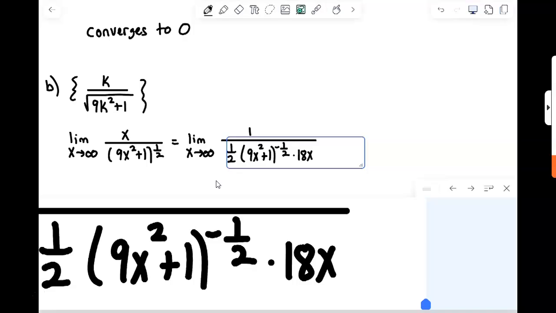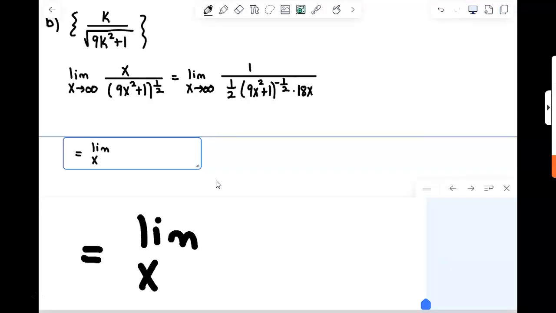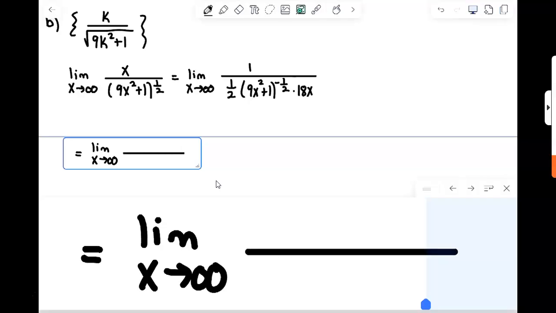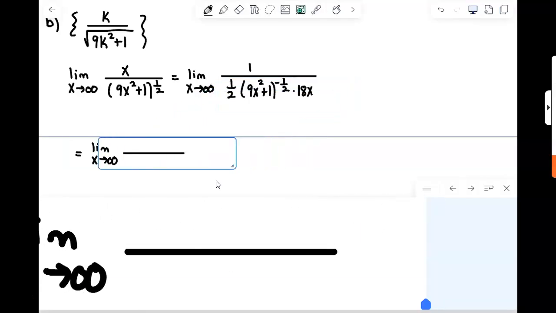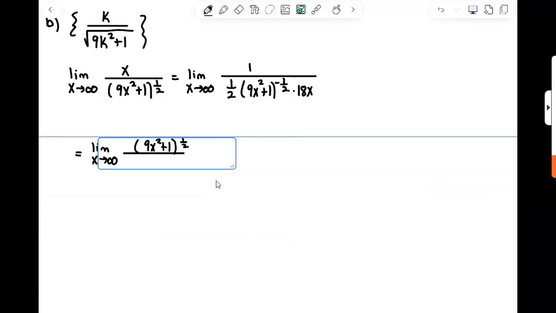Let's just do a little bit of housekeeping on this problem, and then we'll see what we have. That stuff to the minus 1/2 will go to the top, become 9x squared plus 1 to the 1/2.